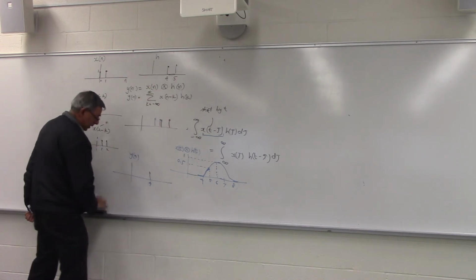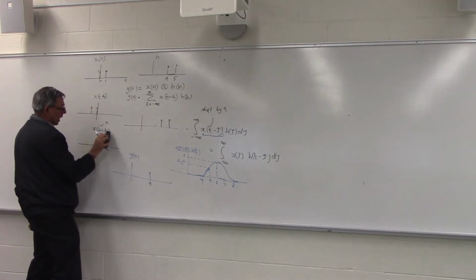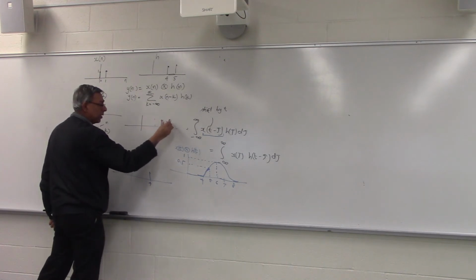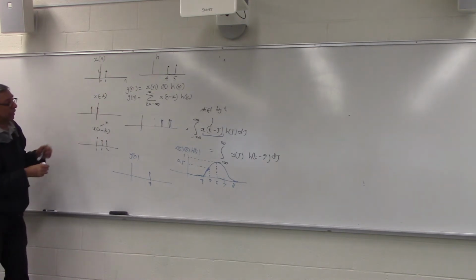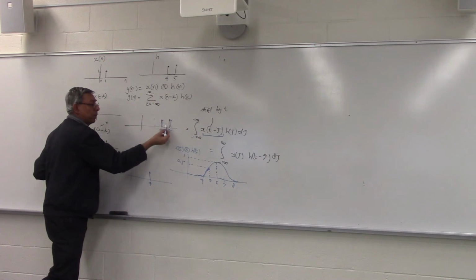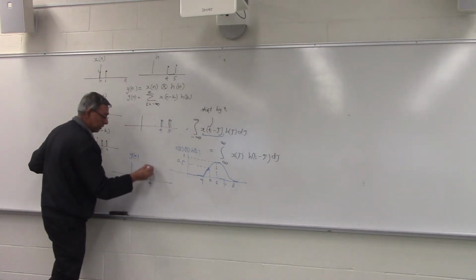Then as we go to 5, so as we put n equal to 5, you can see then the blues are over here, right? So pretend this is our blue signal over here. So this will be at 4 and 5. So now it will be 1 times 1 plus 1 times 1, which is 2. So we'll produce an output of 2.